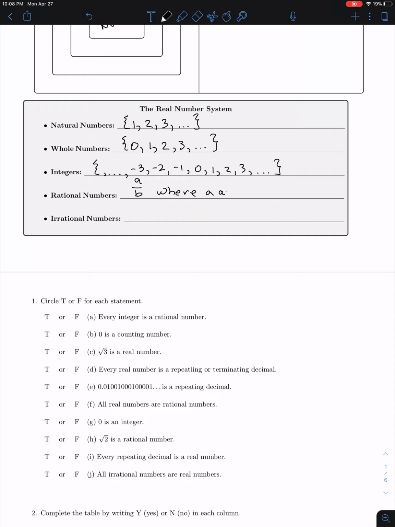where a and b are integers. And our irrational numbers are going to be the numbers that can't be written as fractions.